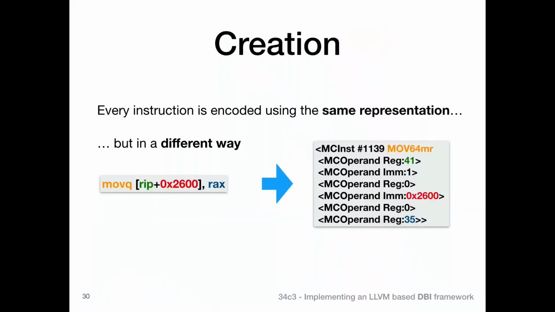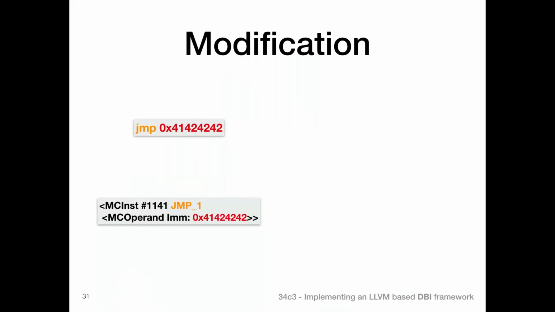For example, here we have a move, and this move, as we have seen, is a series of operands grouped inside an instruction. But the thing is, this representation is not documented, it's not really standard. Every instruction possibly uses its own encoding, and to know it, you need to look at the glue code. So it has not been created to be an intermediate representation that you can work on, basically. And here we also want to patch instructions, so we will need to modify it.